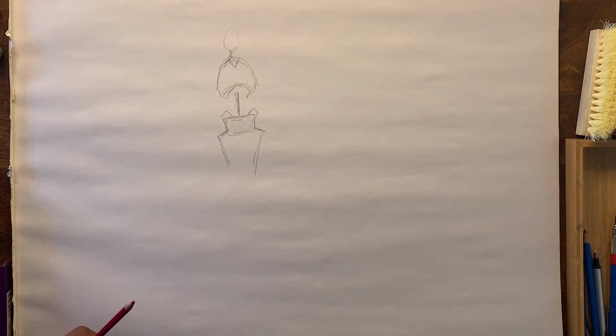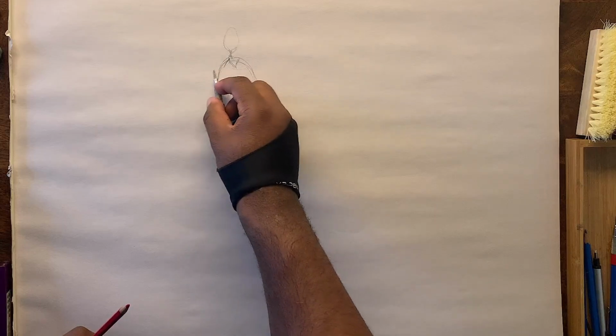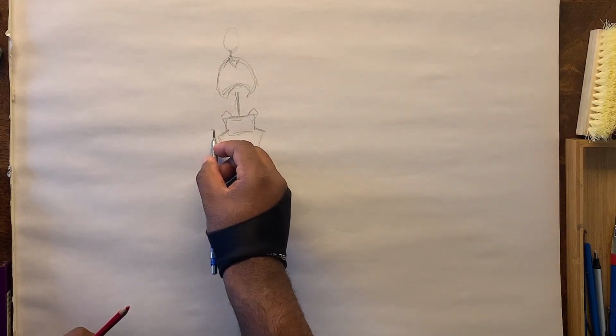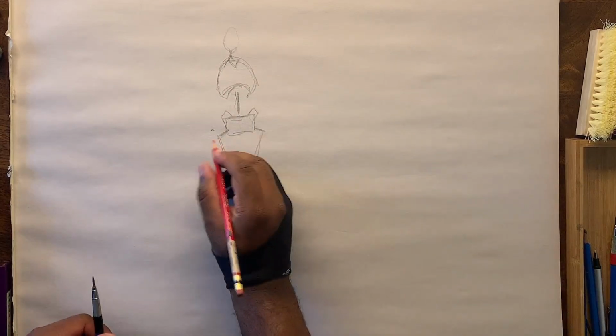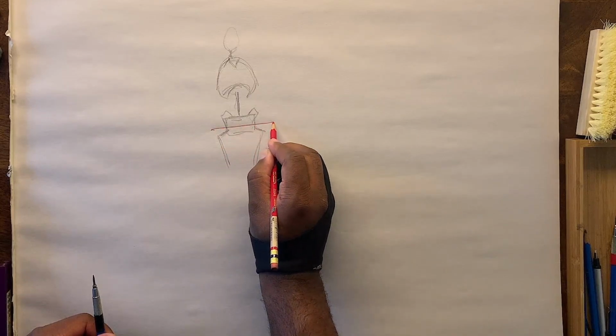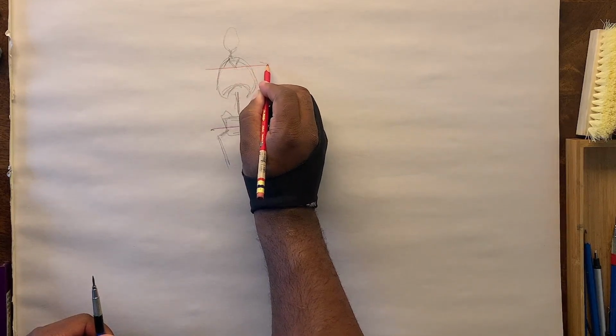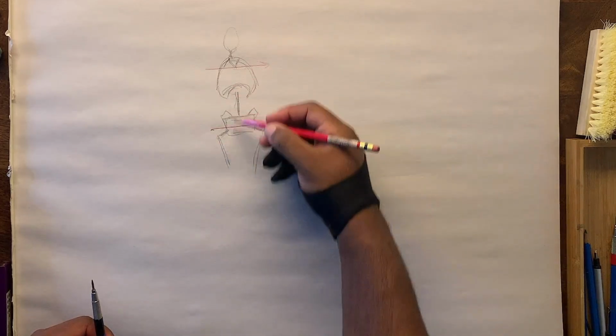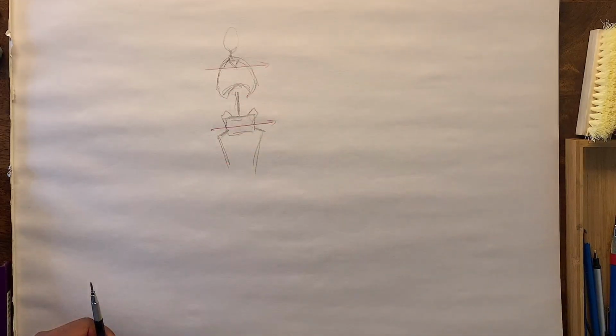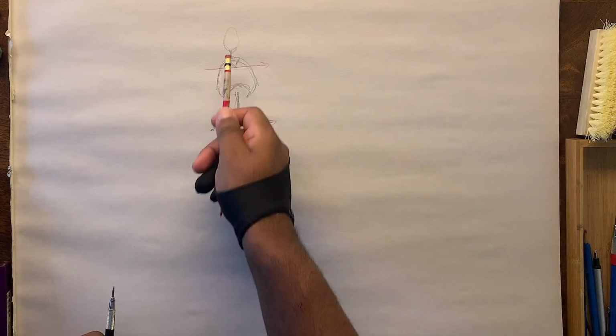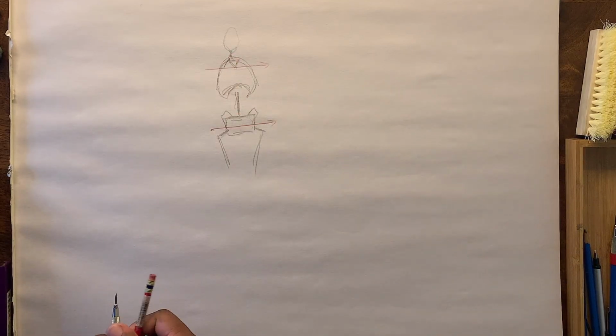Right, so that is a torso where the hips and the shoulders are in alignment. So this is just a regular, standard, straightforward stacked-on-top torso, right?